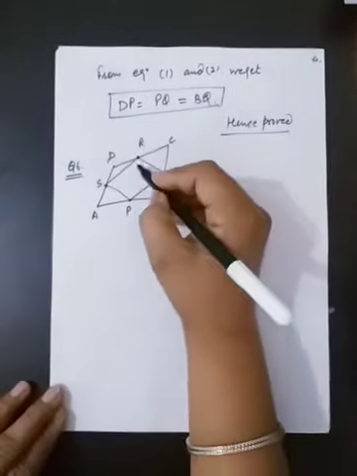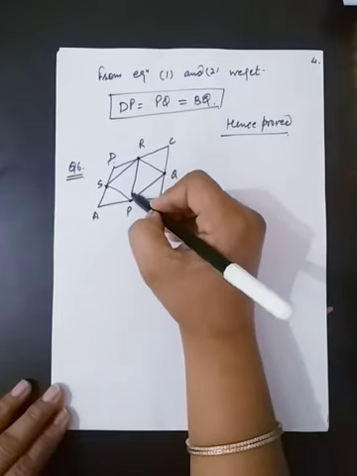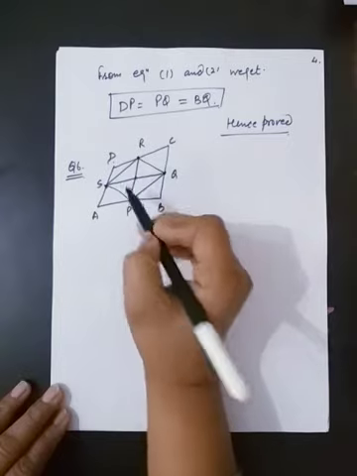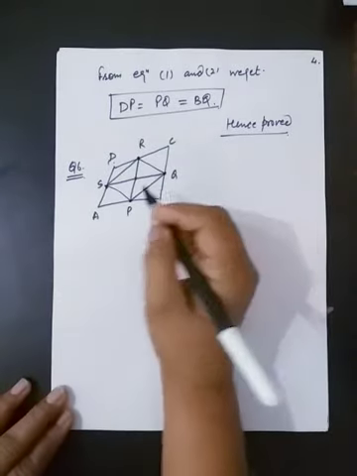Now we have to prove that PR and QS bisect each other. We have to prove this one result.